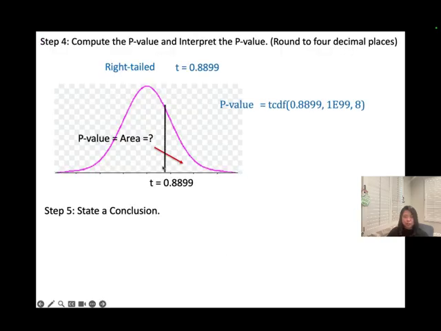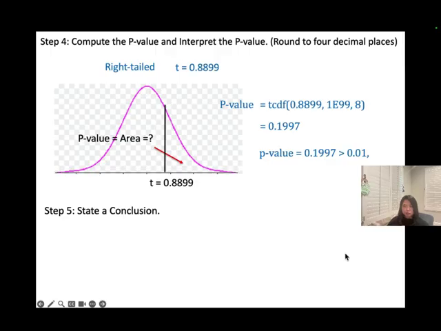So you have a lower value, upper value, and then degree of freedom. Use your calculator, you're gonna get 0.1997. And then you're gonna compare with your significance level, which is 0.01. Greater than, so that will be fail to reject.